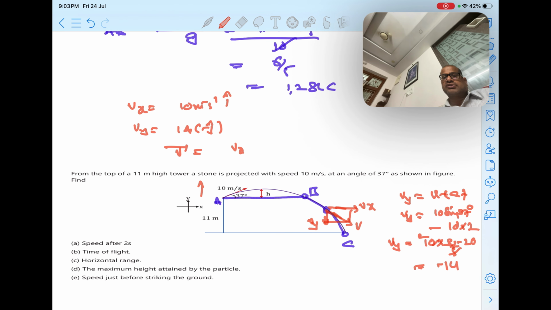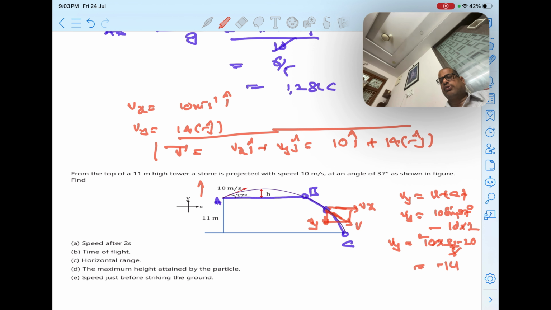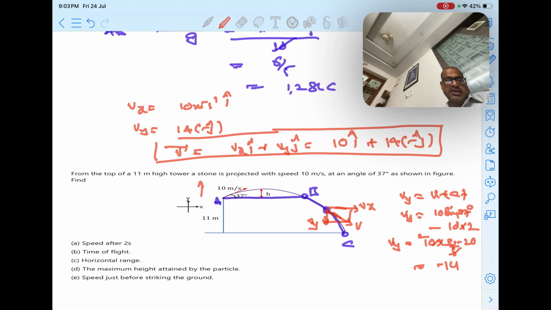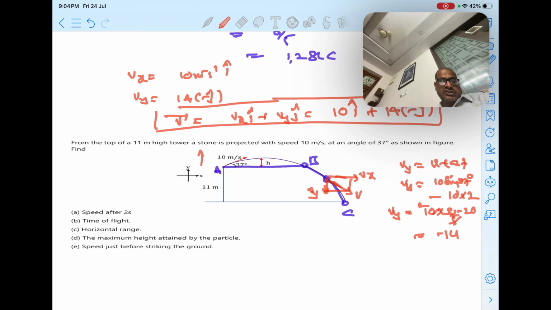Right? So V bar is Vx i cap plus Vy j cap, so 10 i cap plus 14 into minus j cap. If you want, you can also find its magnitude. That is the velocity after 2 seconds. The x component throughout the motion remains the same.